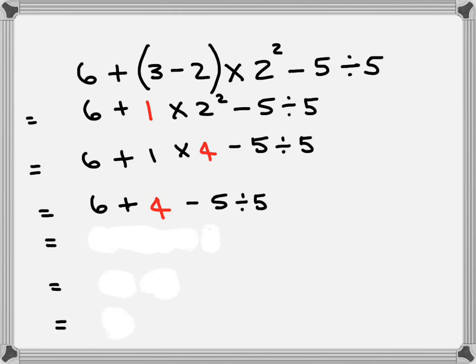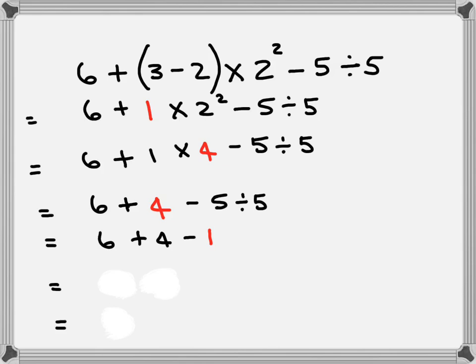Now, we've done our multiplication, but there's a division waiting here. Okay, so let us do our divide next. So we're going to write all of this down, and then we're going to solve our divide. 5 divided by 5 is 1. Okay, so we've finished our division and our multiplication.